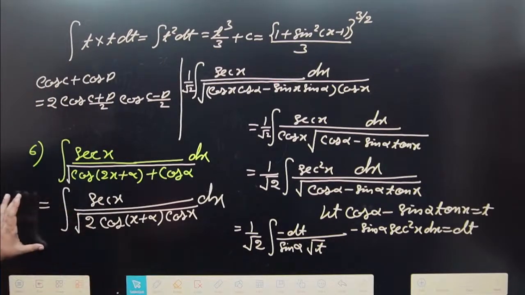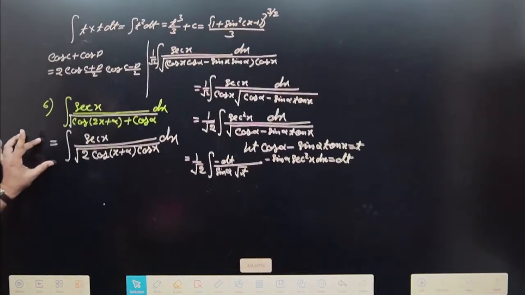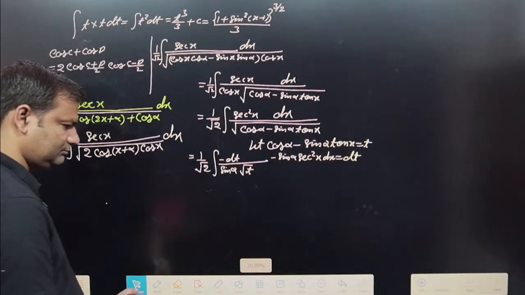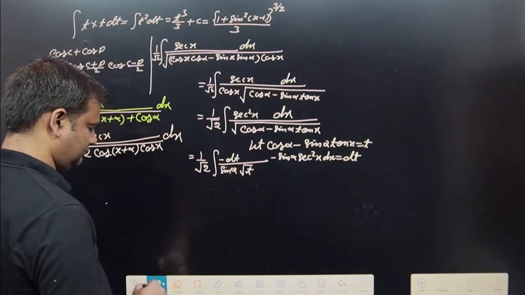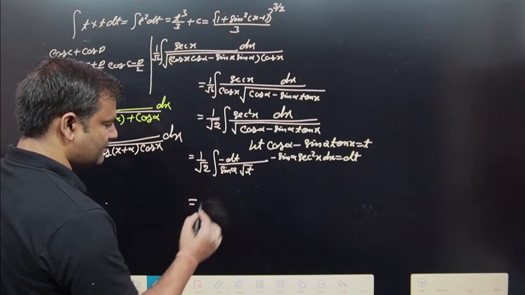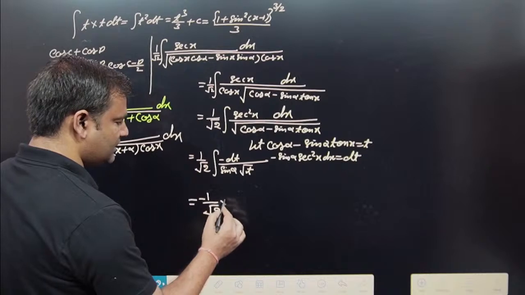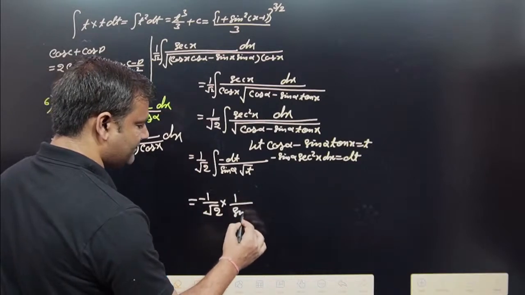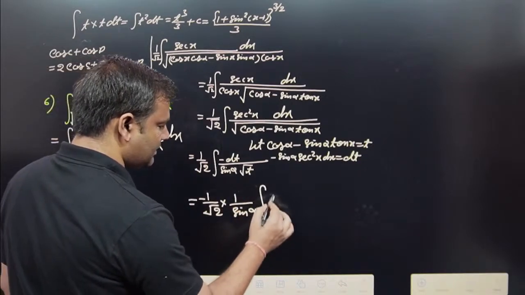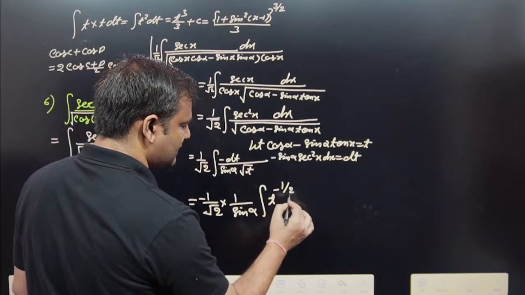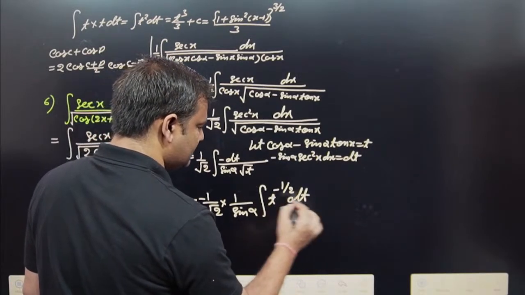After that, this is written as minus 1 by root 2 into 1 by sin alpha into t to the power minus half dt.